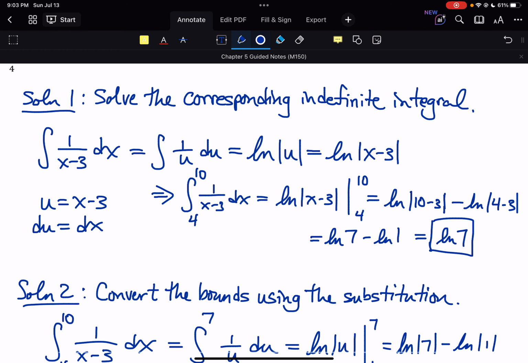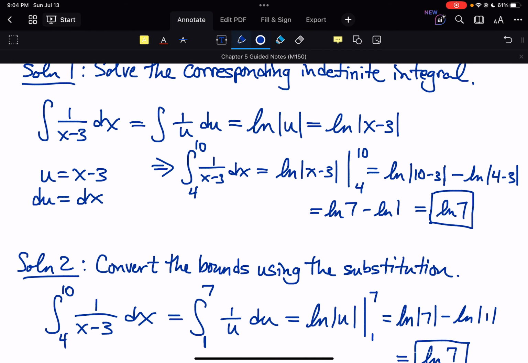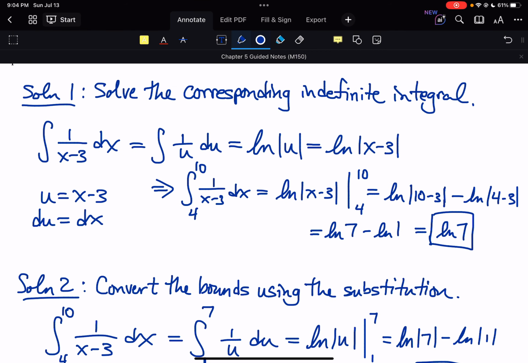So people kind of like having that mental separation of just taking the antiderivative first with the substitution and then afterwards coming back and doing all the bound work. The downside of that one is it does take a little bit longer, and sometimes people forget that there were bounds on the original problem. So a lot of people that solve it like this would probably just try to box that as their final answer and just forget that there were bounds to begin with.